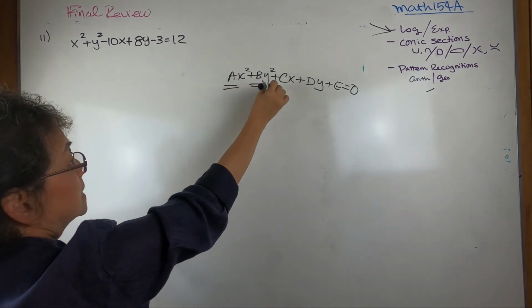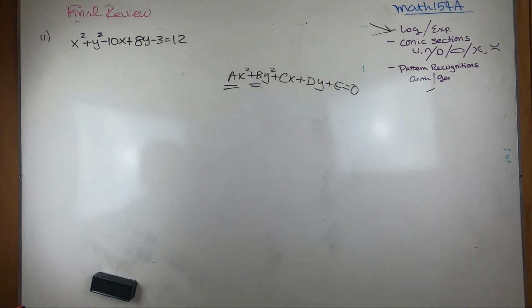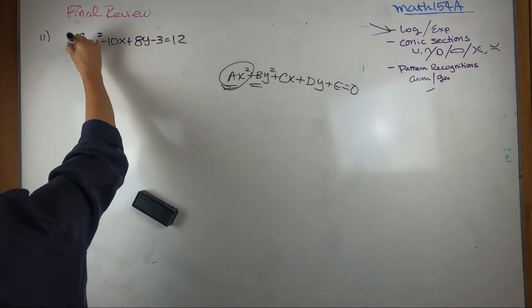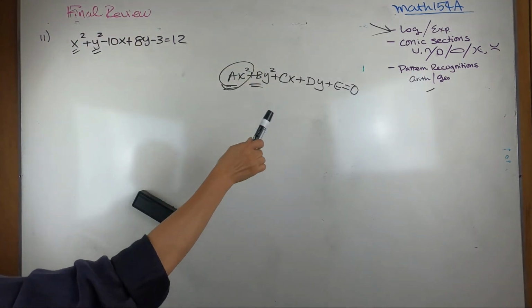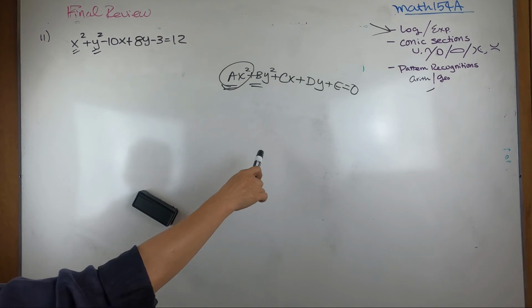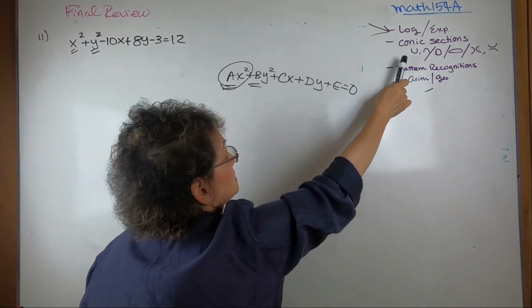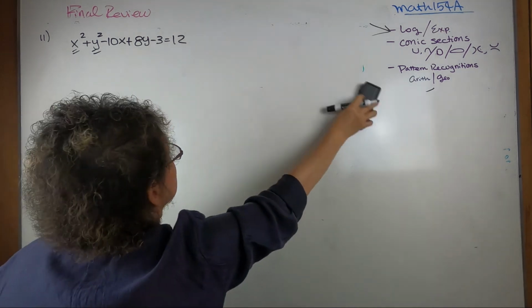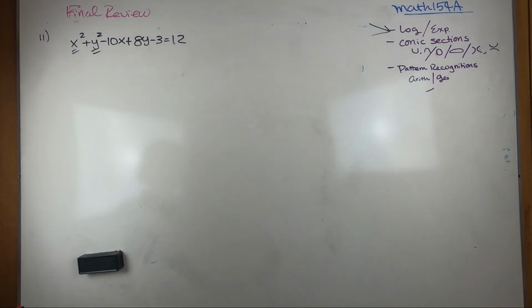Depends on A and B conditions, right? In your exam 3, we reviewed that. So let's see. We have squares. If we have both x and y squared, that means not parabolas. So can be the other 3. So let's see, what do we have?